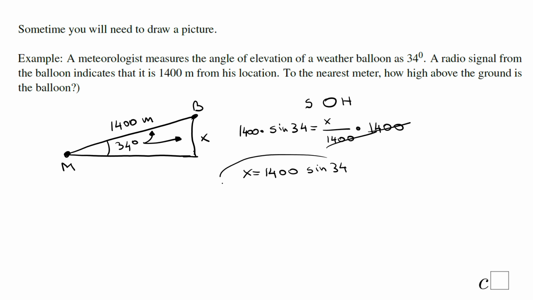This is the exact value, however, we need to find it to the nearest meter. So again, within the calculator, I end up with 782. I need to the nearest meter, so 783 meters.